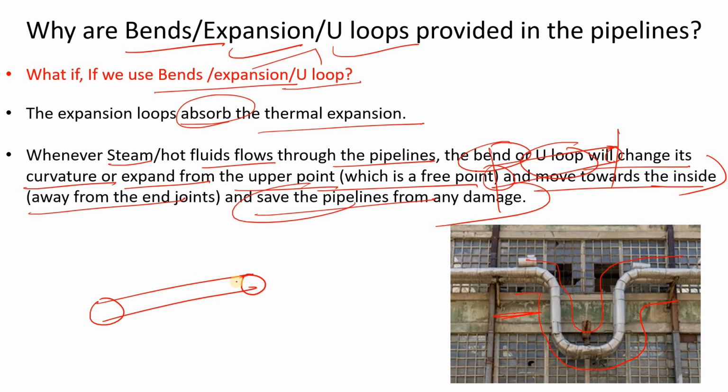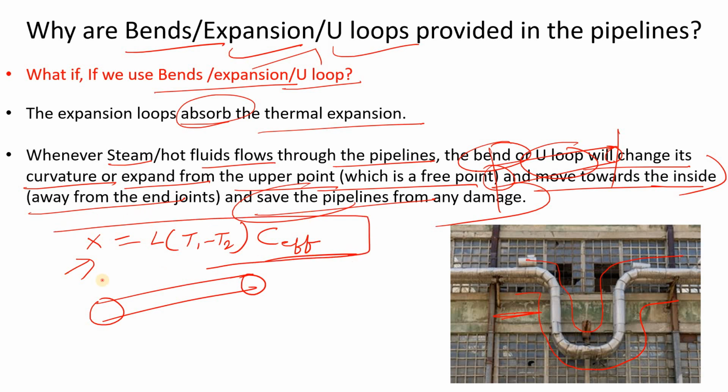And here I hope you have heard one equation which we use, and that equation is x is equal to L into (T1 minus T2) into the coefficient. What is that? Simply, if you want to calculate the rate of expansion or contraction, this is the equation which you can simply use.